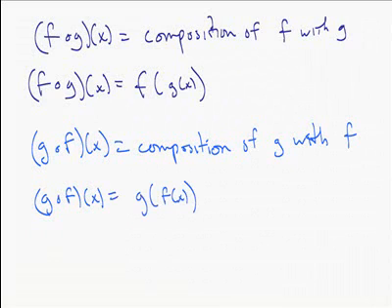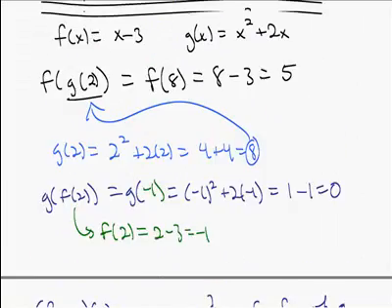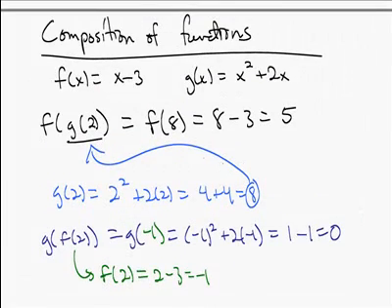With some operations, the order doesn't matter, like addition or multiplication. It doesn't matter which order you add two things or multiply two things, and that includes functions. But for this operation called composition, the order does matter, as we saw in the last example. When we took f of g of 2, which we could say is f composed with g of 2, we got 5.